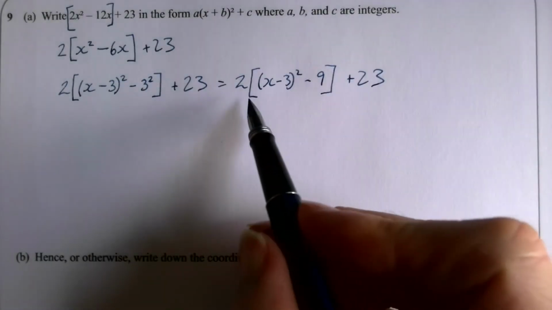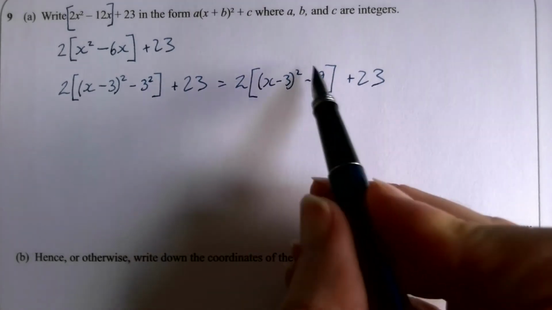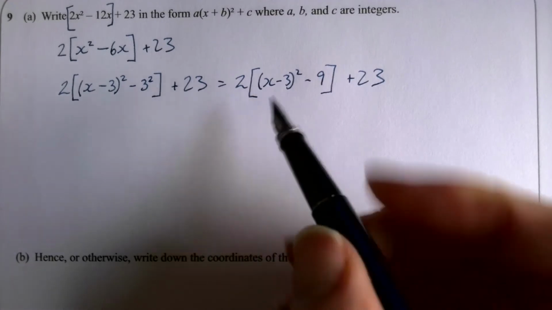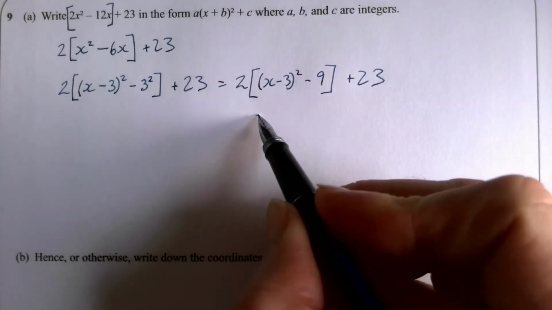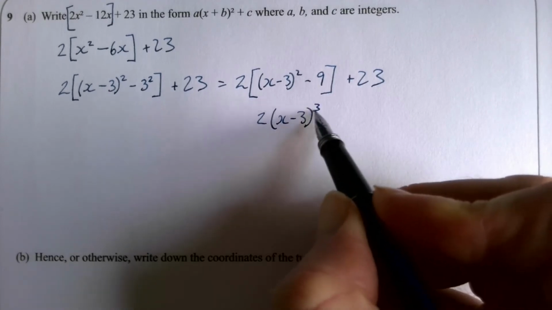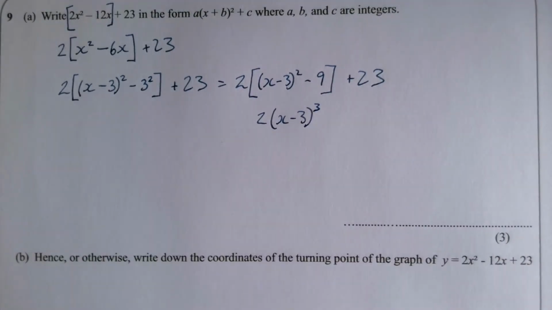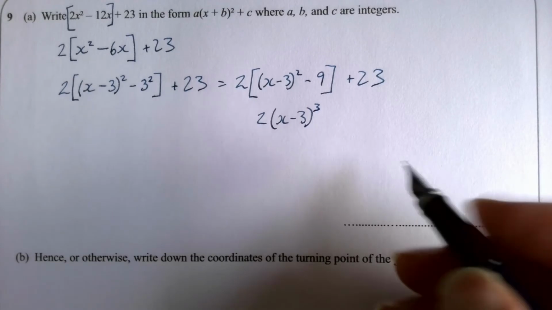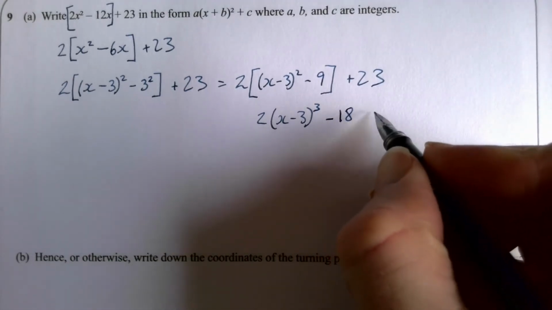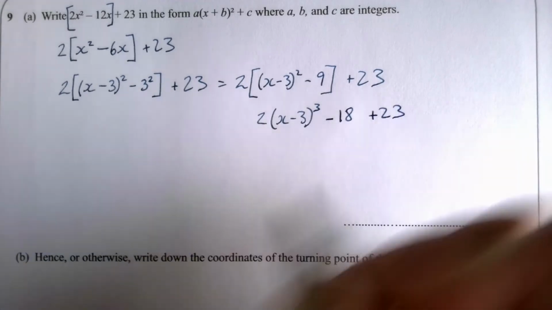And then I'm going to say, right, I want to get rid of the square bracket. So if I was going to expand this, I could say, well, I don't know what (x minus 3) squared is, and I don't care. For now, I'm just going to keep that like that. That's got to be times by 2. But the negative 9 has to be times by 2 as well. So that'll be negative 18. And then we've got our plus 23.